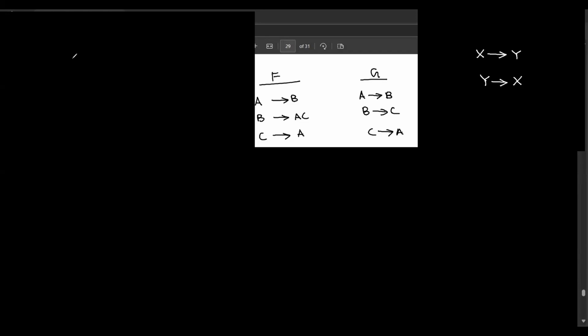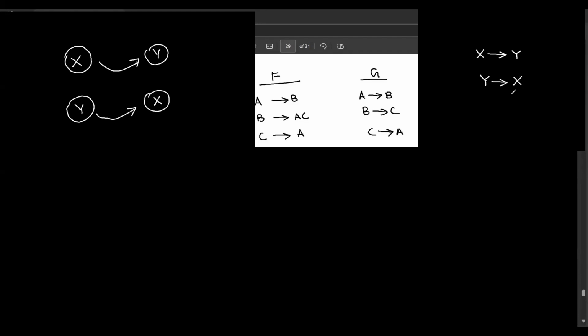Because from the attributes of X, we can derive Y. That's what X functionally determines Y means. Similarly, it is also true vice versa. If the attributes of Y are known, you can use that to find out X. Keep that in mind.